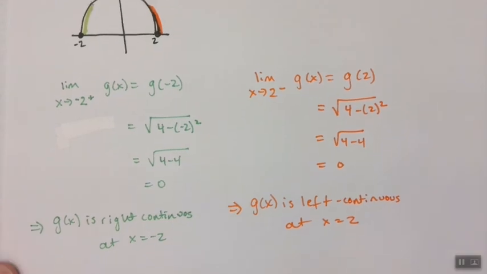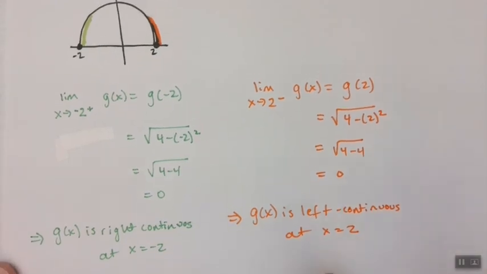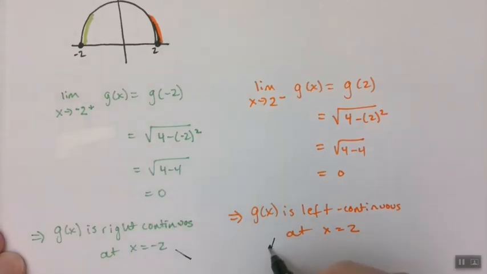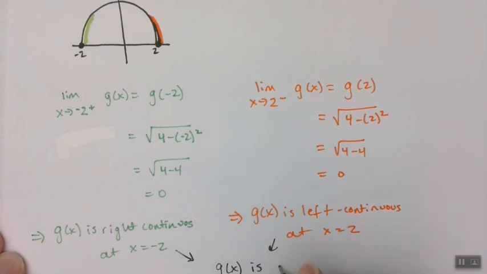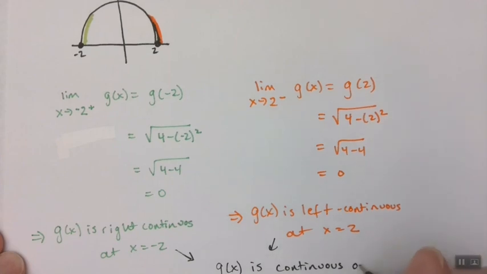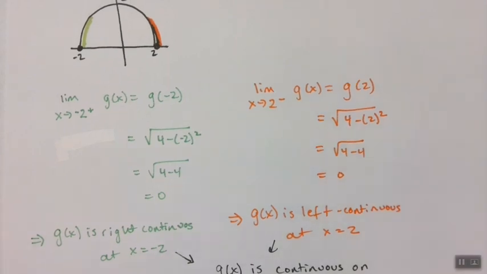And since g of x is right continuous at x equals -2 and left continuous at x equals 2, these two qualities together mean that the function is continuous on the closed interval, right? Because we have endpoints.